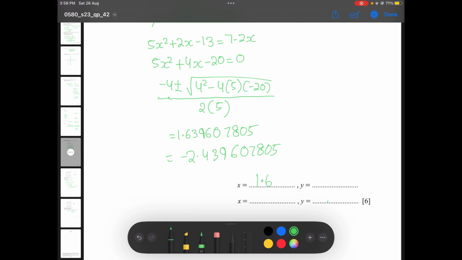Alright, so we're going to write both values here. 1.64 is going to be one of the values, and negative 2.44.